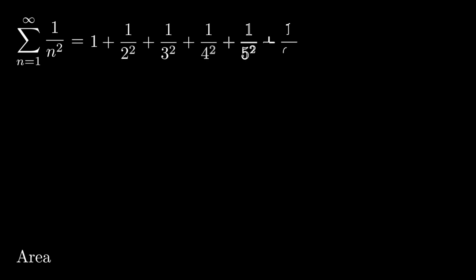Now for the area. Again, since the side length of the nth square is 1/n, the area would be 1/n squared. So we can again group the terms together into a summation notation. And to break down this one, we'll also compare it with a different sum. So we can again write this out.